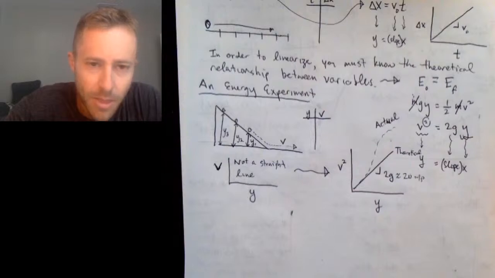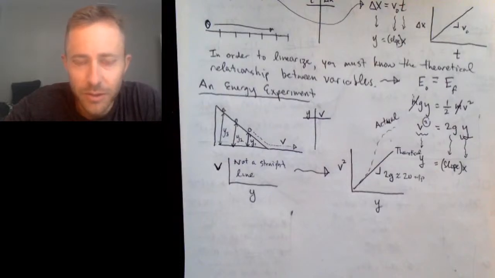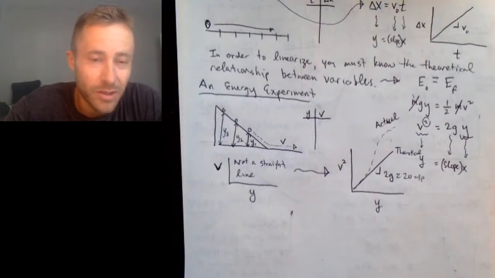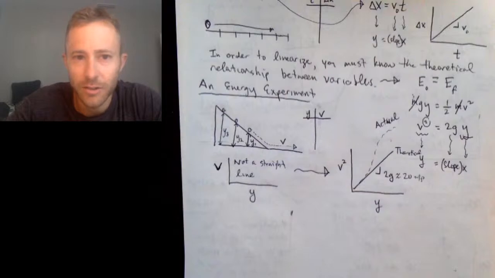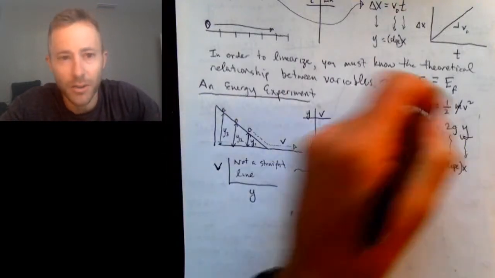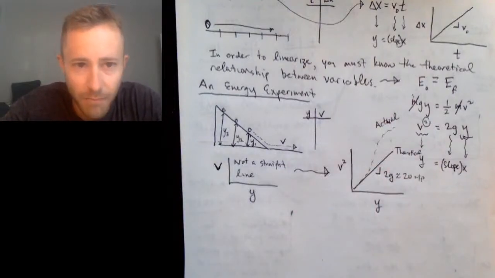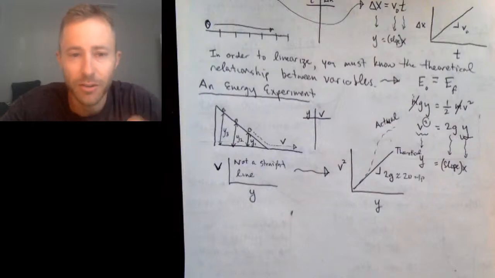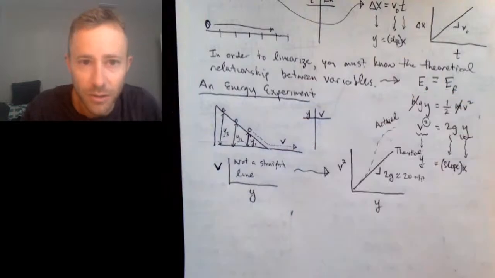Now, of course, many physicists have done experiments on conservation of energy, and it most definitely is true. So probably what that would mean is that there's something in the experiment that you're not understanding. There's some effect that you're not accounting for in your hypothesis. So maybe friction or something like that. Or the fact that the ball is rolling, not sliding, so we needed to worry about rotational kinetic energy.